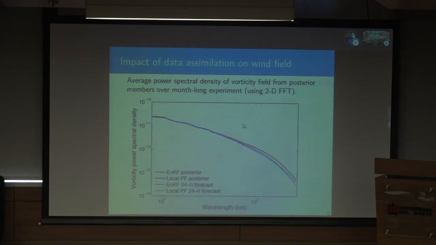The EnKF is much larger. So let's take a look at why that's happening. One thing I should note here is this is happening at wavelengths of about 150 kilometers or less. That corresponds to the wavelengths of weather features that are not necessarily depicted well by observations that we have.